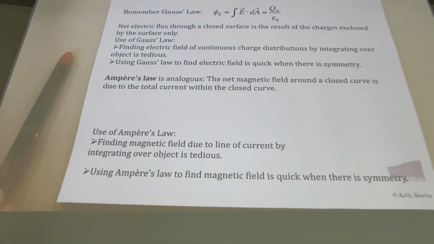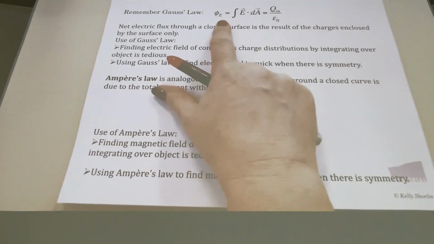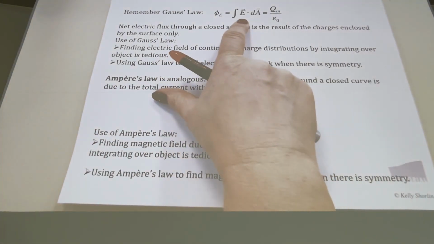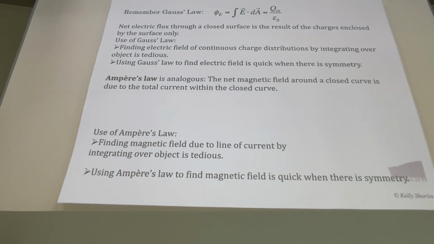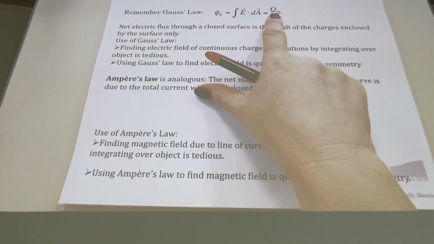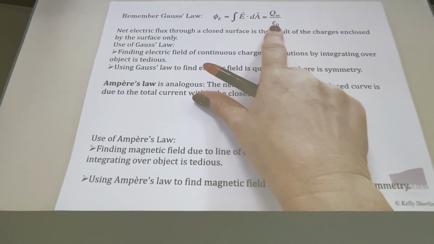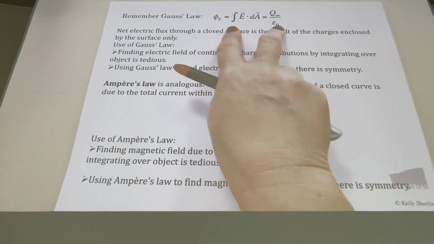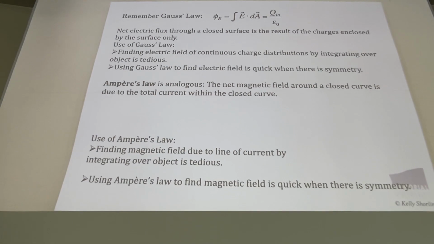And what we said with Gauss's law is that the net electric flux through any closed surface, so a three-dimensional volume, was given by the net charge inside that surface divided by a constant. And what this gave us was a tool to find electric field when we had high degrees of symmetry.